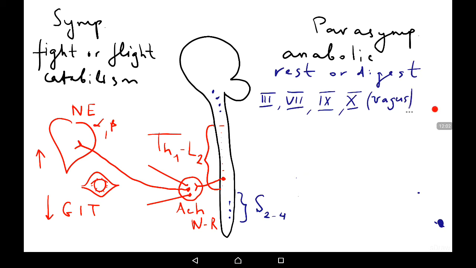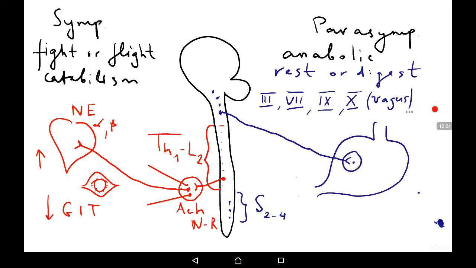So from these nuclei the preganglionic nerve fibers begin, and they are quite long. They go directly to the ganglion, and the ganglions are located close in vicinity to the organ.